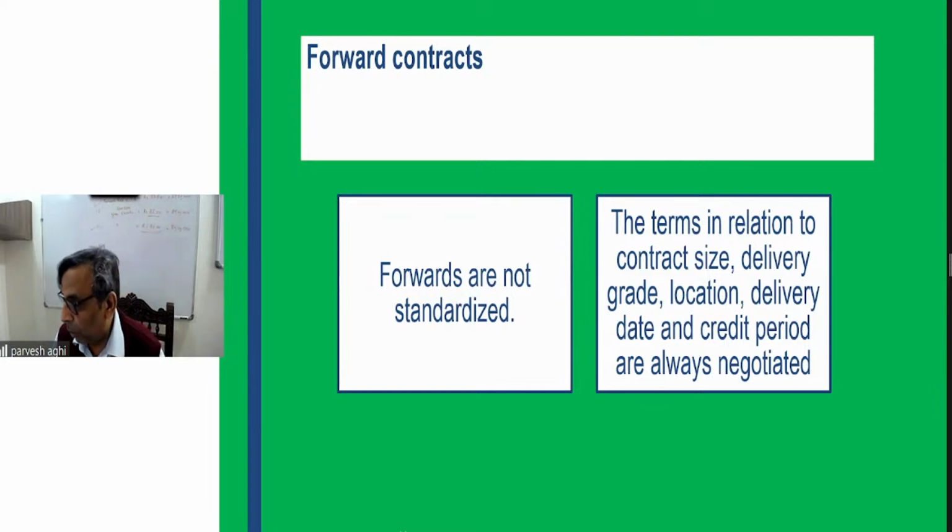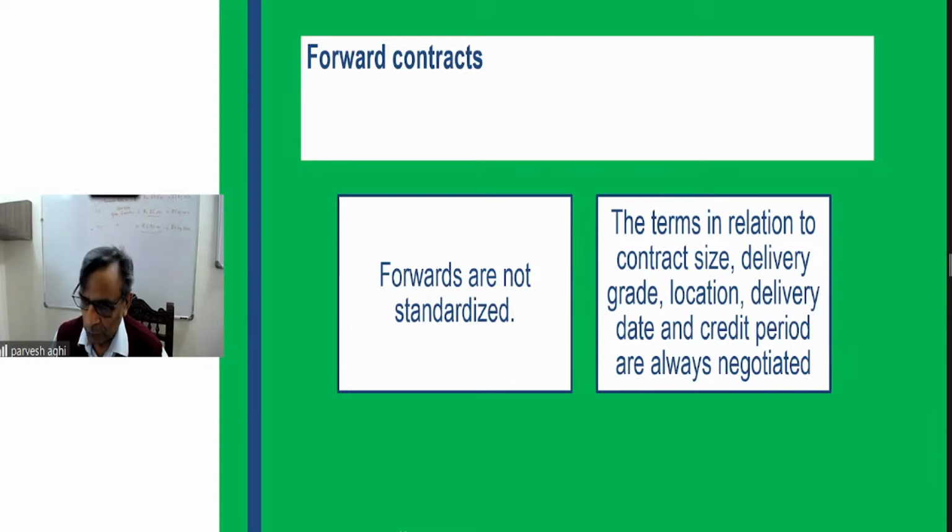Now, grade. In commodity markets particularly, the grade becomes very important. Suppose you're going to buy steel of a particular grade, you can mention that in your forward contract: I want this grade of steel. But in the futures market, you can't do that because there is only one grade in commodity markets.